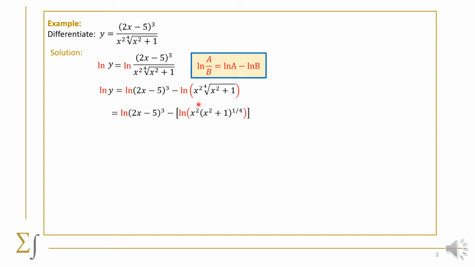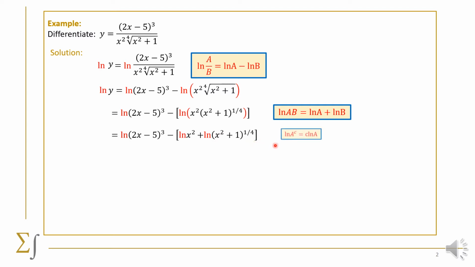But first of all, I rewrite this as a bracket power 1 over 4. So here is the property of ln of a times b. I will apply it here. This is the a and this is the b, so it will be equal to ln a plus ln b. The first term will come down as it is, and here we have the minus sign, ln a plus ln b.